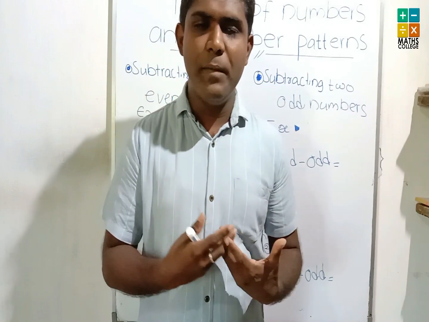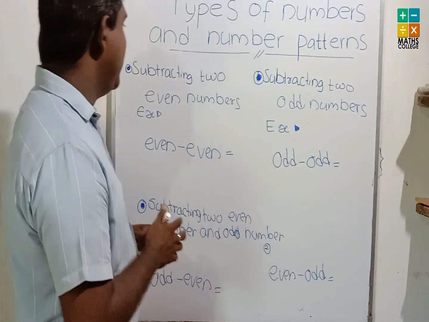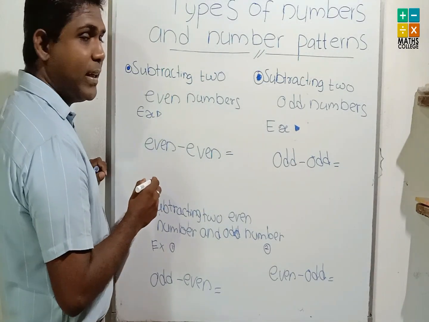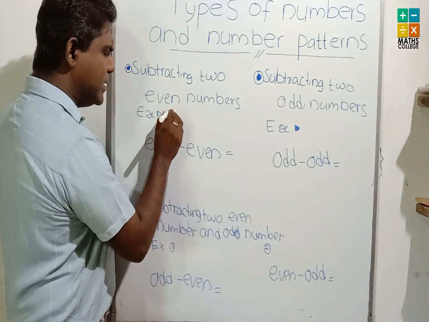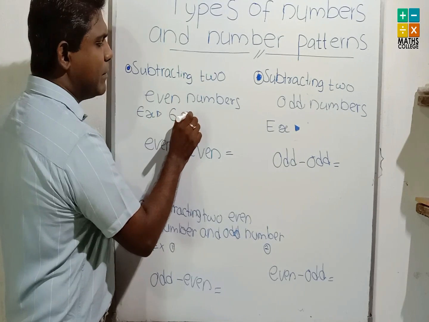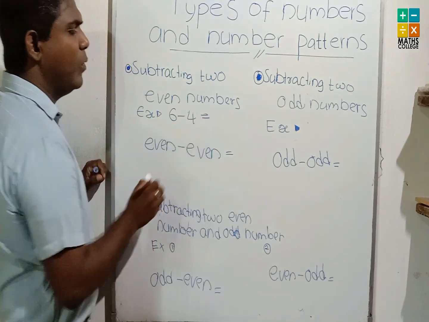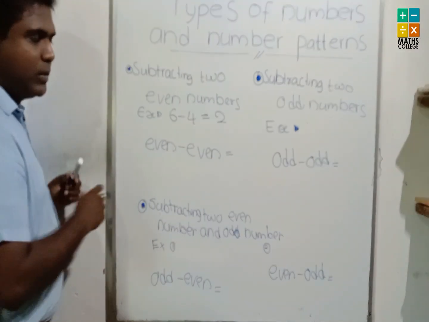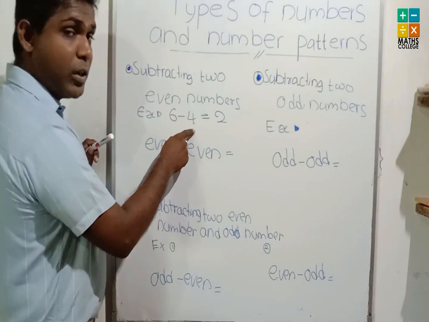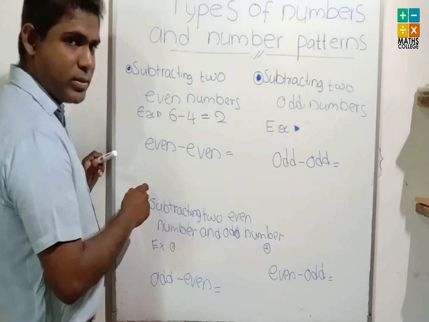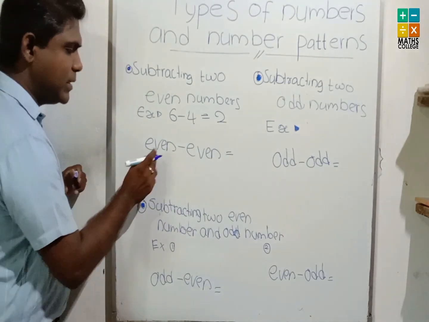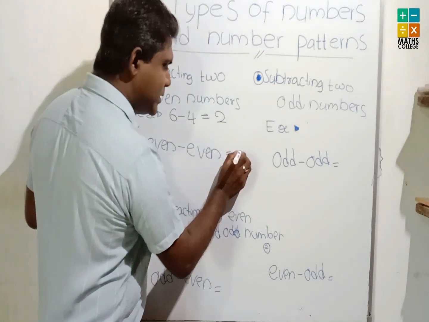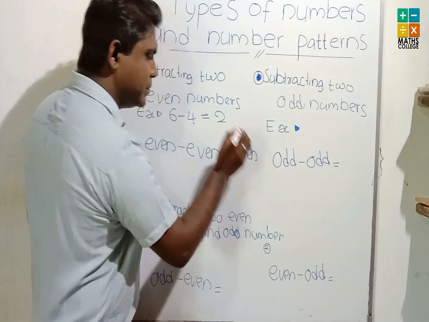Now, what happens when subtracting? Here, subtracting two even numbers. Consider an example, 6 subtraction 4. What is the answer? 2. 6 is an even number, 4 is an even number, the answer is also an even number. Even number subtraction even number, the answer is also an even number.